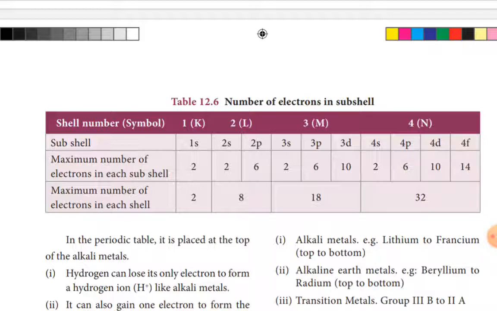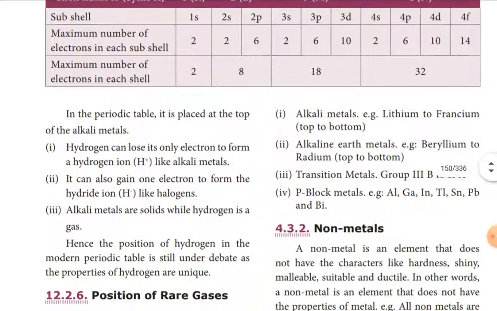Then, in the periodic table, hydrogen is placed at the top of the alkali metals, and hydrogen can lose one electron to form the hydrogen ion, H plus, like alkali metals. Also, hydrogen can gain one electron and behave like a hydride ion, like halogens, H minus.